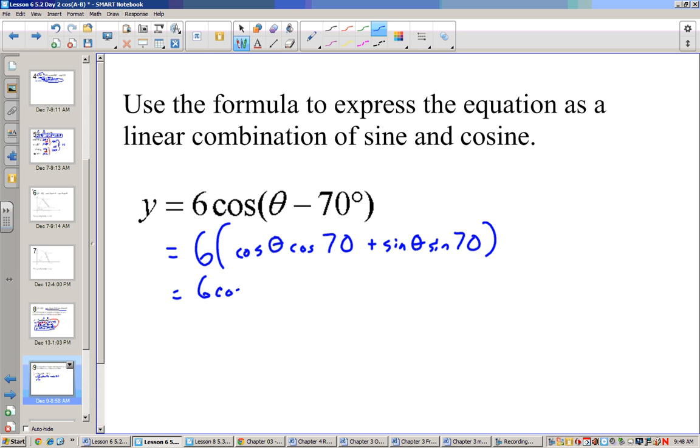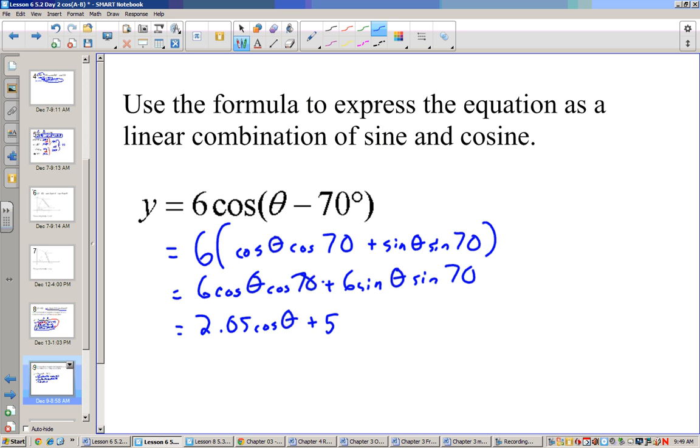So I have 6 cosine theta cosine 70 plus 6 sine theta sine 70. And now I'm going to multiply 6 times cosine of 70 to get 2.05 cosine theta. 6 times the sine of 70 is 5.638. And there we go. That's our solution.